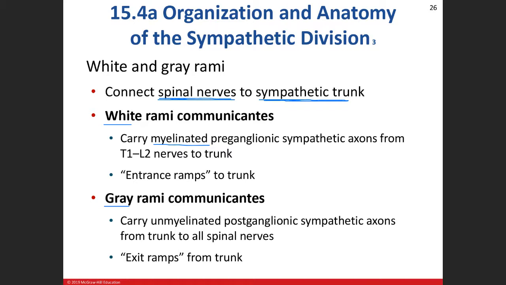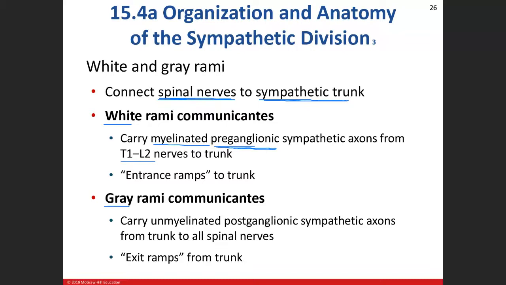So in the white rami communicantes, you will only find preganglionic neurons there. And they come off of the lateral gray horns, so it's going to be T1 through L2. So we nickname it the entrance ramp to the trunk.